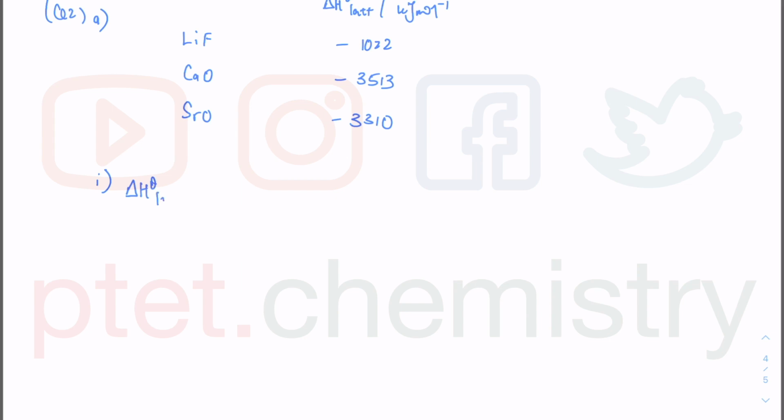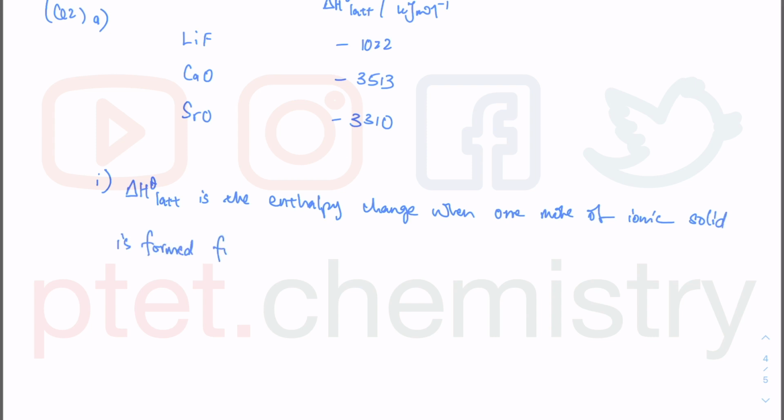So lattice energy is basically the enthalpy change when one mole of ionic solid is formed from its gaseous ions. Okay, 1 mole of the ionic solid, or 1 mole of the ionic lattice, whichever one you like, is formed from its gaseous ions under standard conditions.